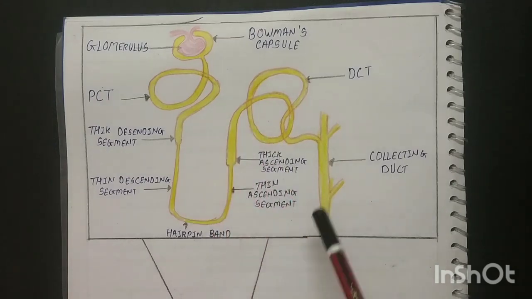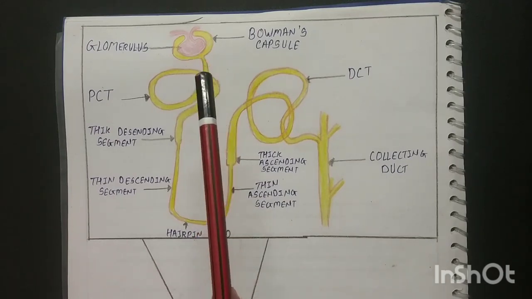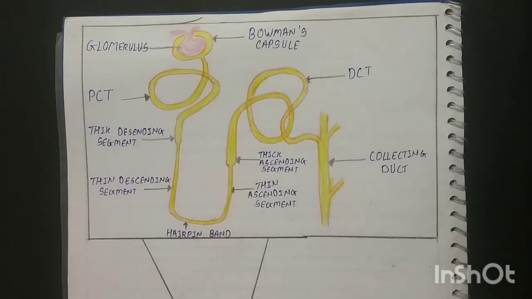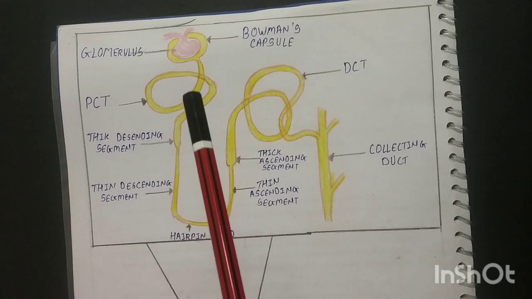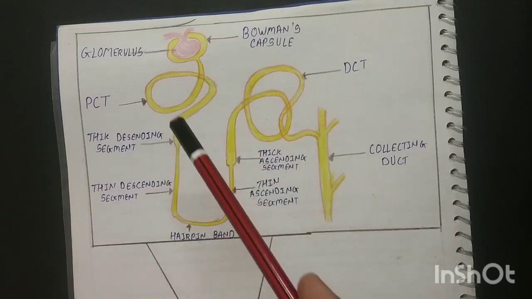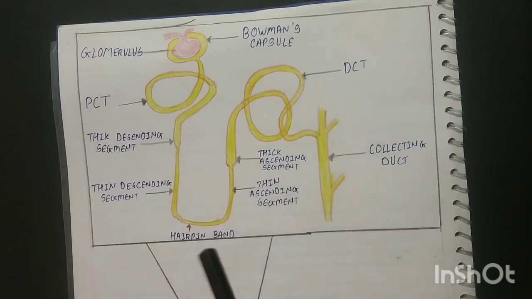You can see the bowl-shaped structure and the red thing in it; these two combined form the renal corpuscle, and the whole remaining structure is the tubular portion of the nephron.